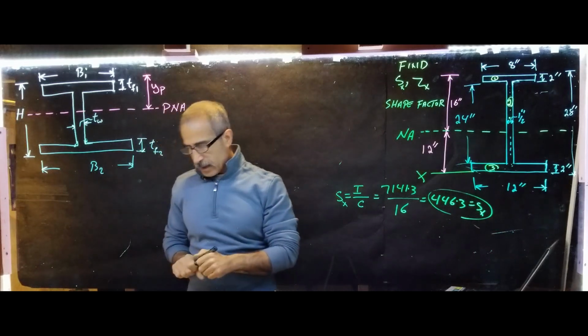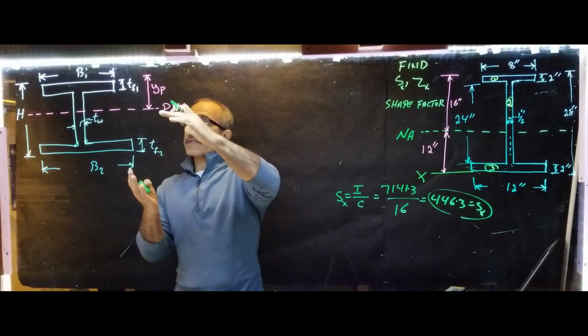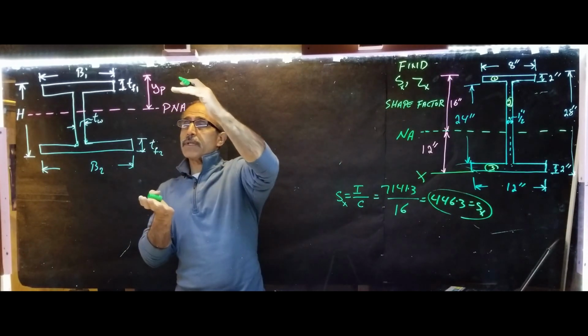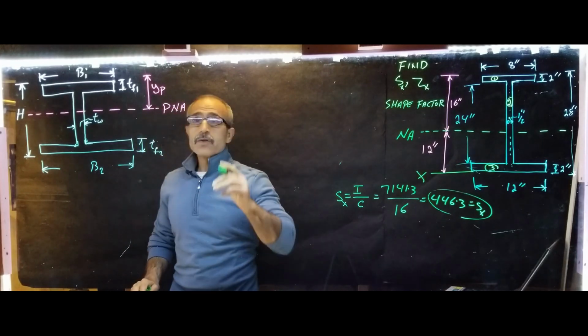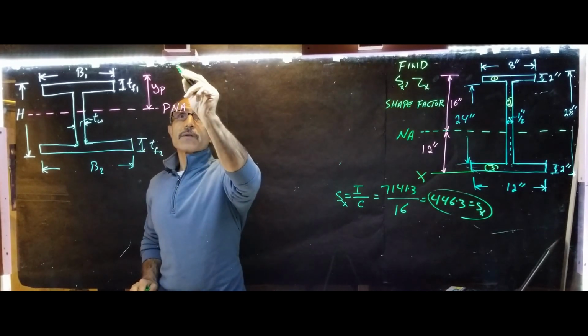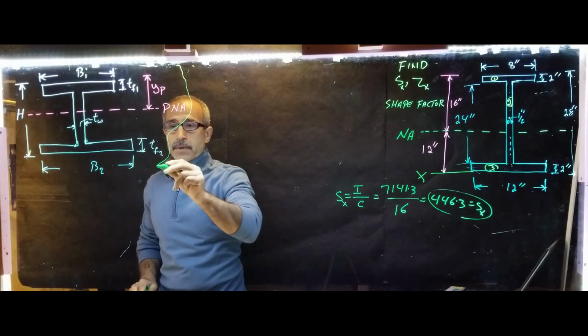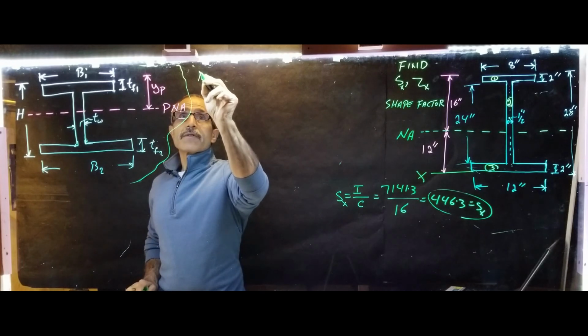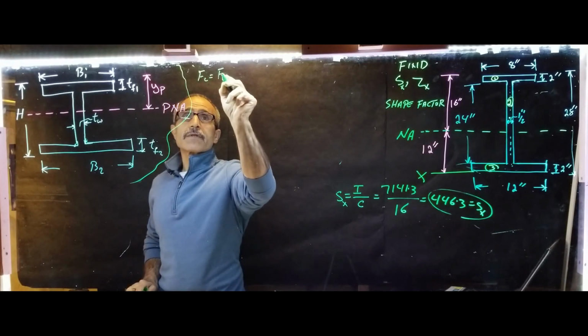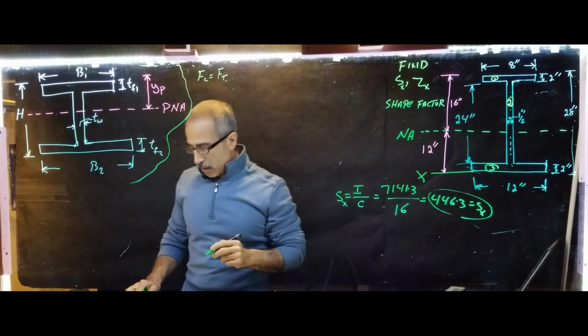Because this is plastic, the force on top is equal to the force on bottom. Tension is equal to compression. I've written down force of compression equals force of tension, bottom and top.